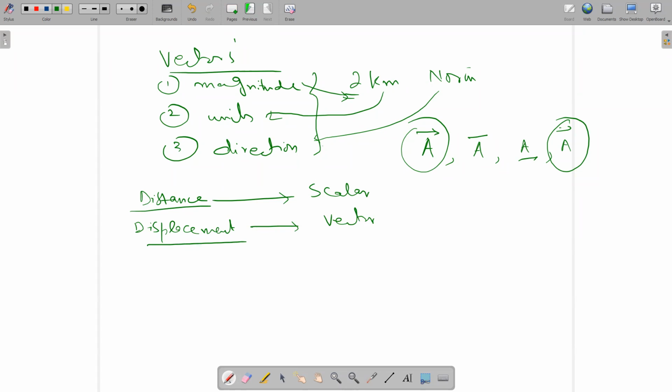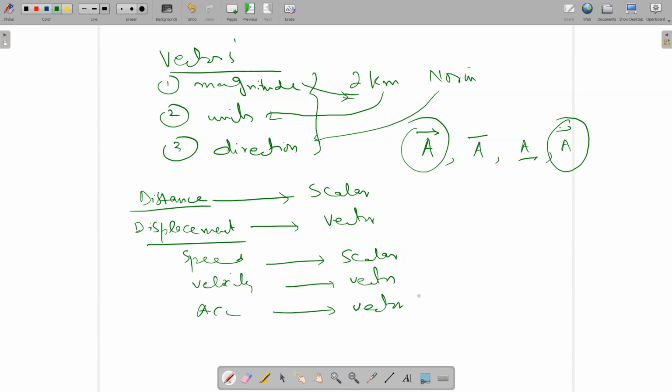And similarly, the speed is a scalar quantity, and velocity is a vector quantity. And similarly, acceleration is a vector quantity. So when quantities are vectors, then their addition, subtraction, multiplications are different. It is not like ordinary algebra.